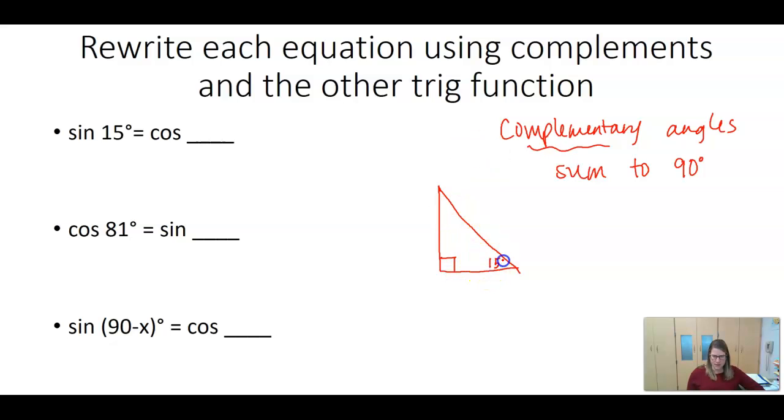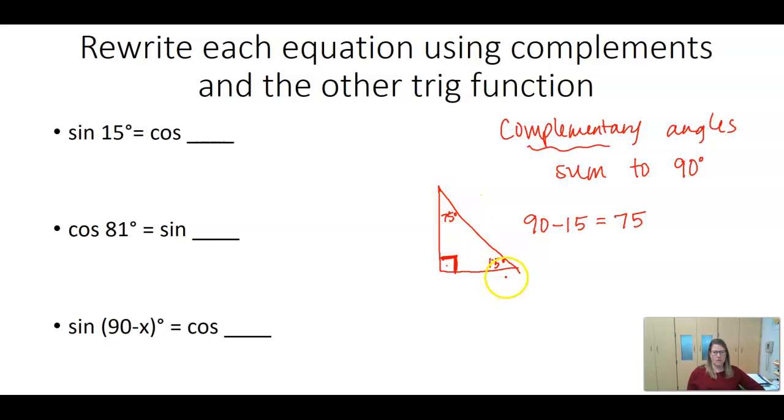So if this angle here is 15 degrees, that means this angle here would be 90 minus 15, right? And that is because this one's 90, and I know that the three angles in a triangle have to add to 180. So because this is 90 of those 180 degrees, I know these two have to make up the other 90. So 90 minus 15 is 75.